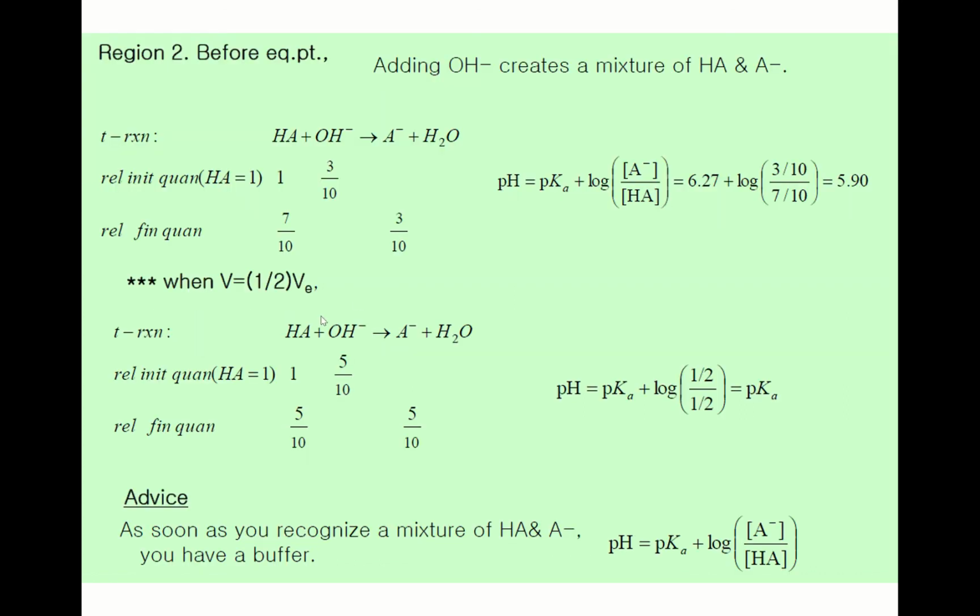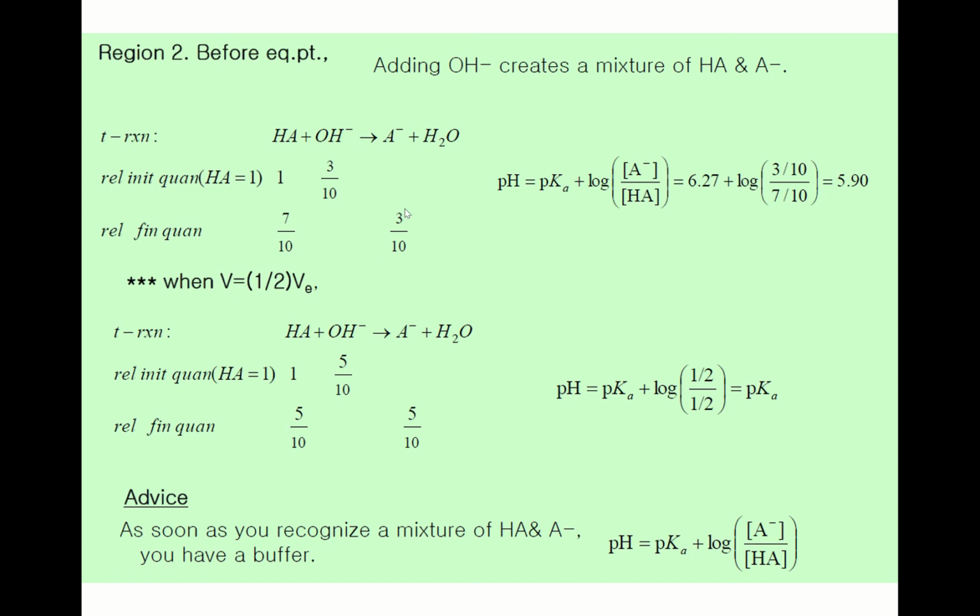So when 3 ml of hydroxide ion is added, it reacts with this one, but the weak acid form still remains in solution. Initial HA is 1 millimole, and 0.3 millimole of hydroxide ion was added and reacts. So the remaining HA is 0.7 millimole, and the produced anion is 0.3 millimole.